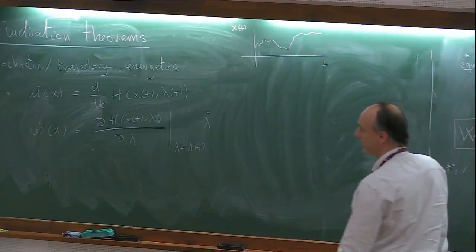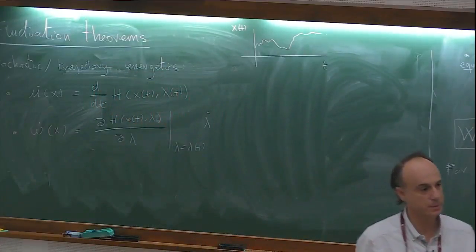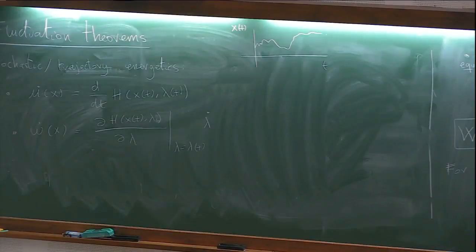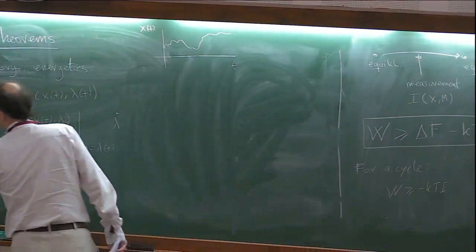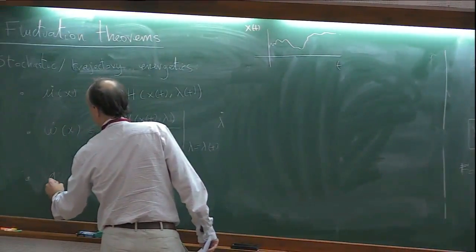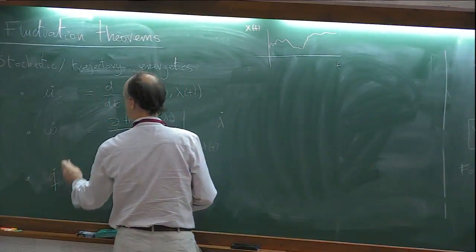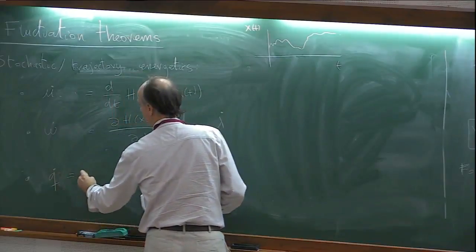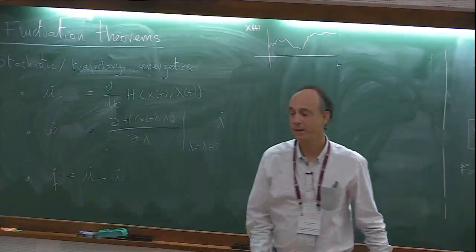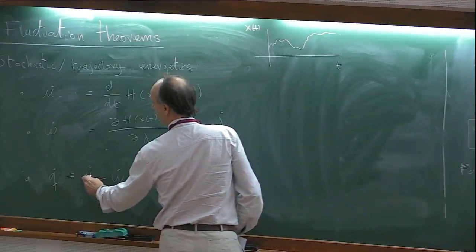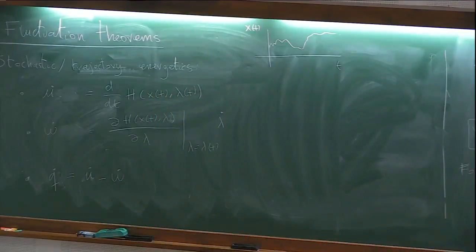And you can also define heat. Heat is a little bit more difficult, because how can you define heat for a trajectory which is fluctuating? But we have the first law, and this is the simplest way to define heat for trajectories. Sorry, I don't know why I put this x here. It is just to say that it's all the change in the internal energy, this is u, sorry, that is not introduced by the external agent.